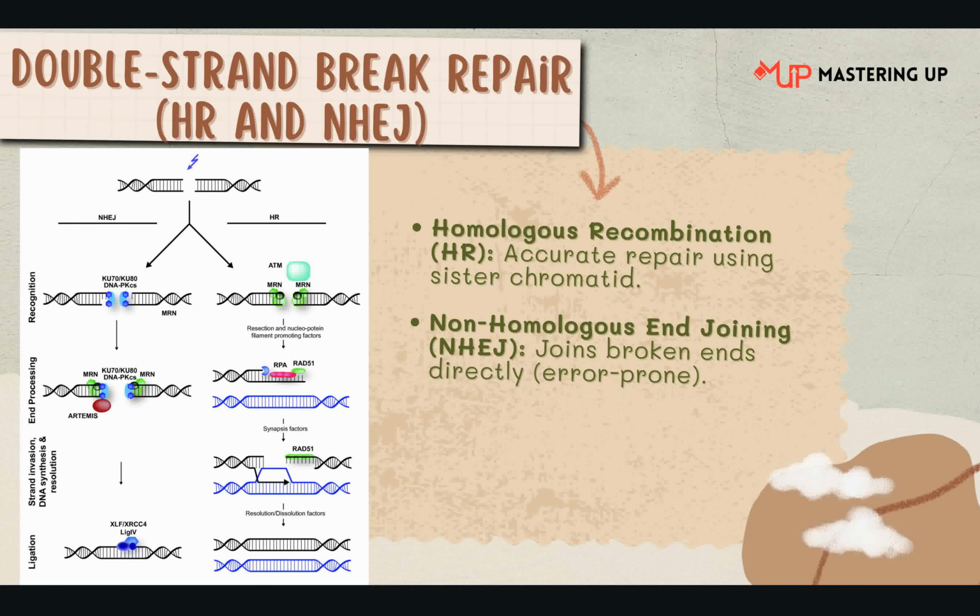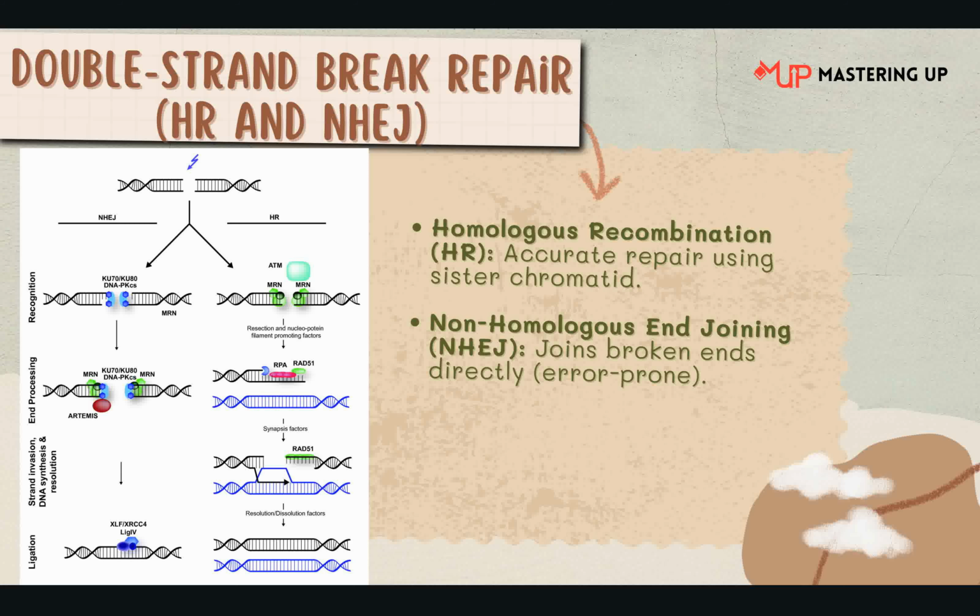Other types of repairs include HR and NHEJ. Double-strand breaks are the most dangerous form of DNA damage, and two main repair systems fix them. One is homologous recombination, or HR, which uses a sister chromatid as a template for accurate repair.